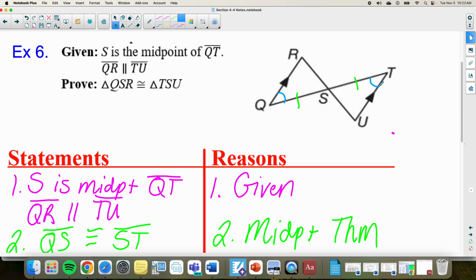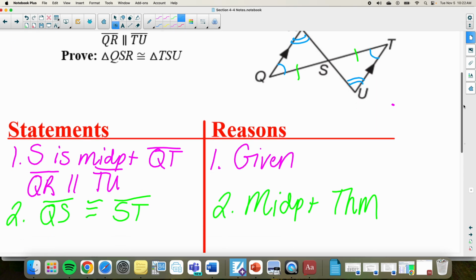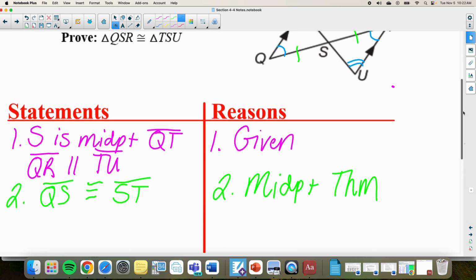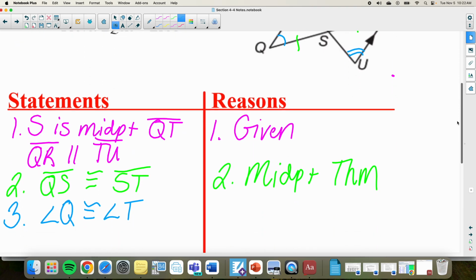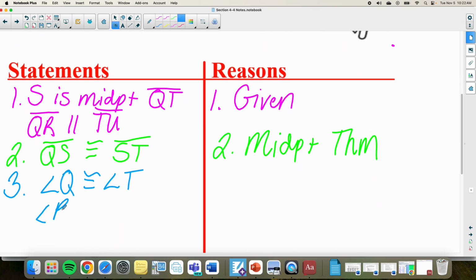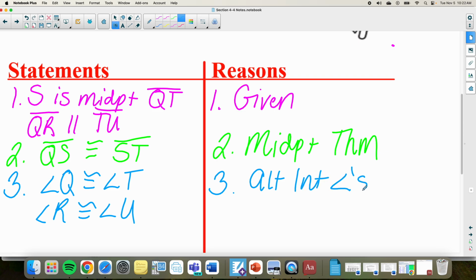You have Q and T, and you have R and U, okay? So let's go down and write that. Angle Q is congruent to angle T. And then we also had that angle R and U are alternate interior. So that step would be alternate interior angles theorem.